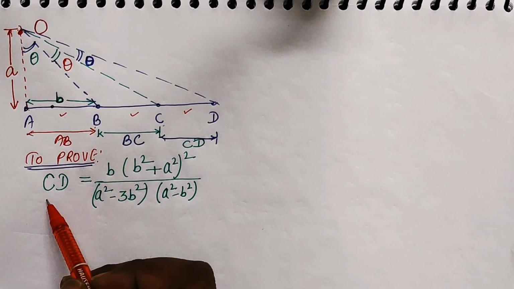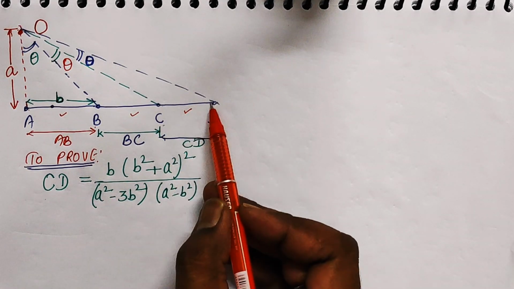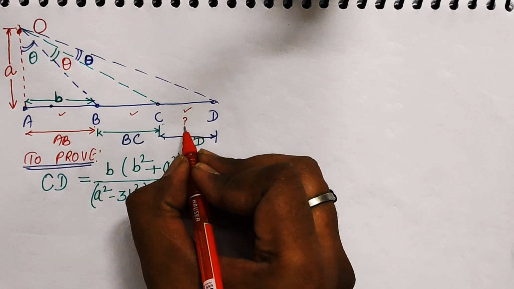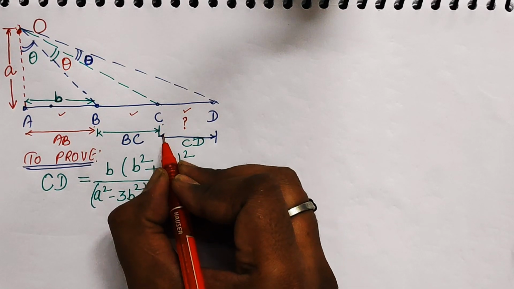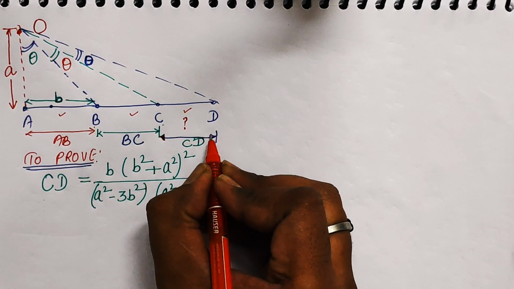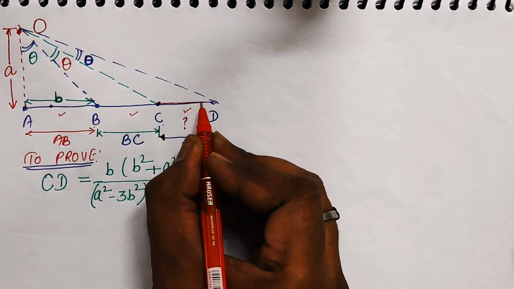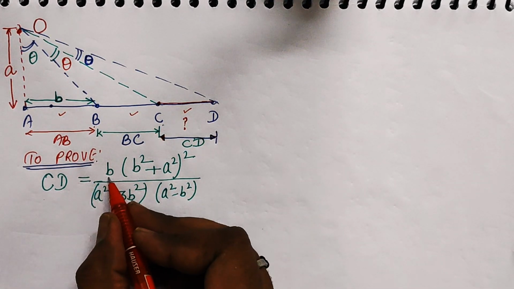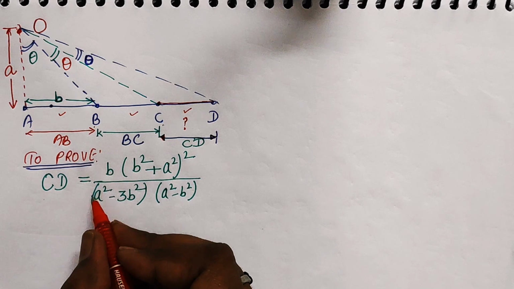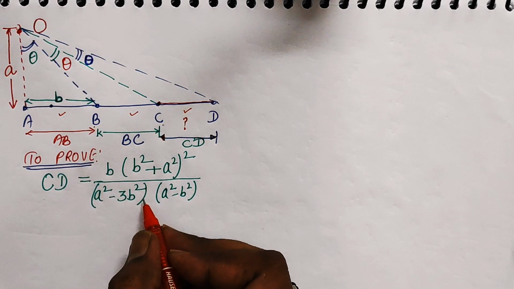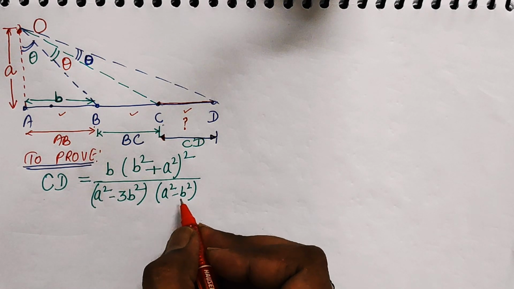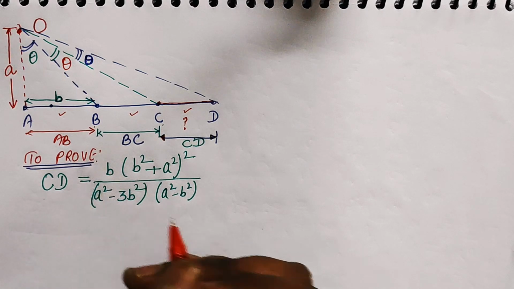So this is our requirement. We need to prove that the length of this section CD, from here to here, is equal to b times (b square plus a square) whole square divided by (a square minus 3b square) multiplied with (a square minus b square), right?